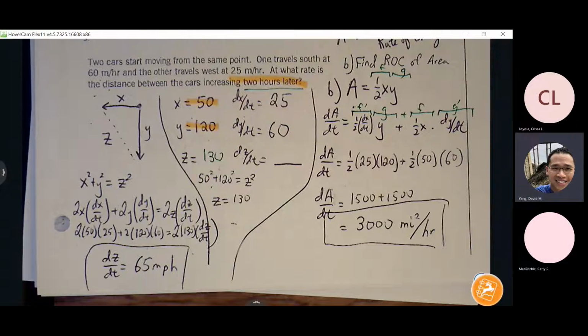And it says 2 hours later. So we have to imagine, what does this triangle look like 2 hours later? If we know how fast they're moving, we can track their progress and understand they travel at 25 miles per hour. After 2 hours, they would have covered 50 miles. So problems like this, you're not given the X and Y values explicitly, but we have a way of getting to that answer by knowing how fast they're traveling.